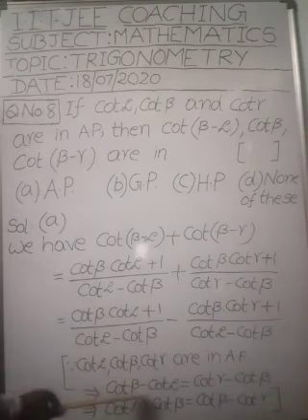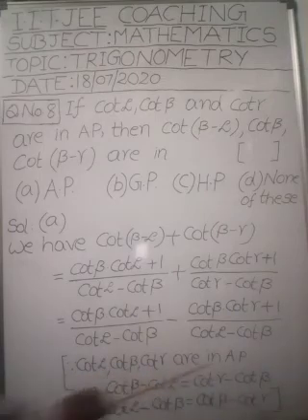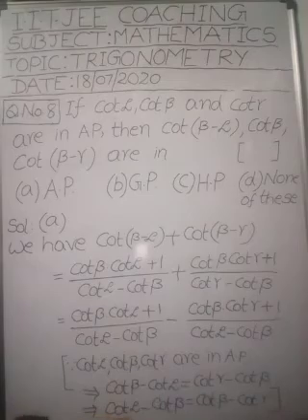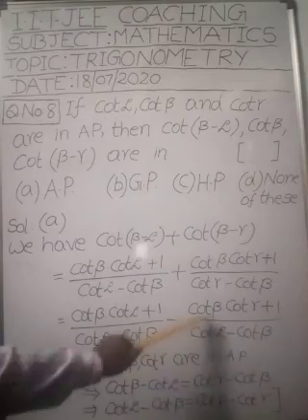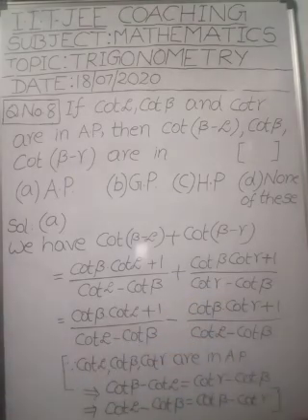So we get cot beta minus cot alpha is equal to cot gamma minus cot beta. You have to recall the previous knowledge of arithmetic progression. Now we get cot alpha minus cot beta is equal to cot beta minus cot gamma. So we are substituting this value in the second term. Understood this step, my dear children?